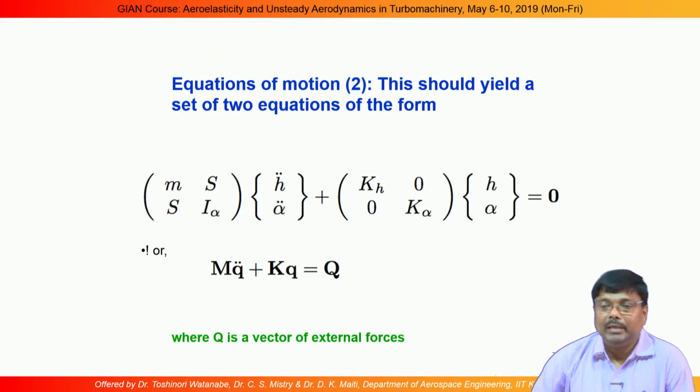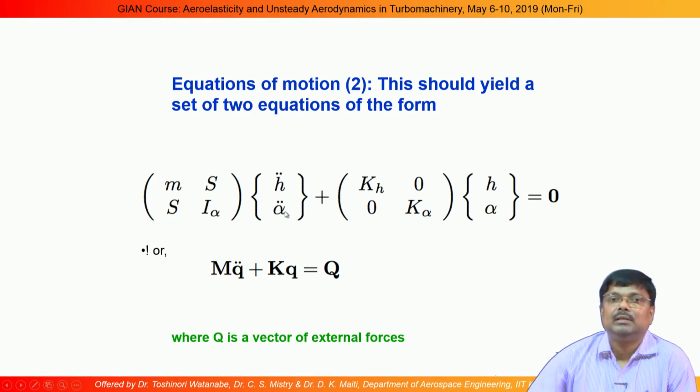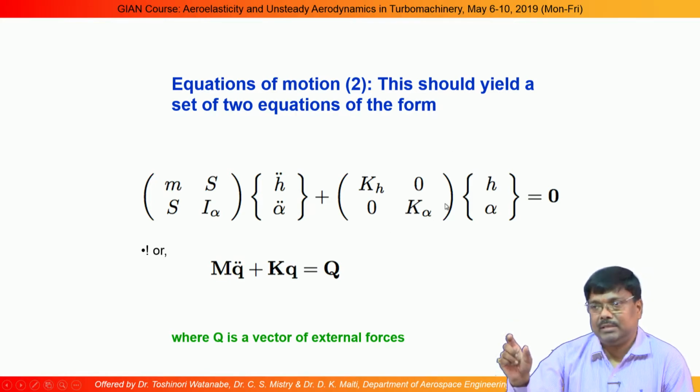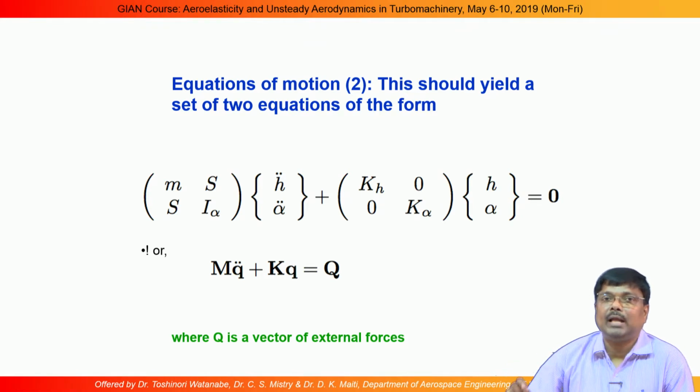So, finally, if I apply that equation, we will get an equilibrium equation like this: m, s, s, I alpha, this is the mass matrix, into h double dot, alpha double dot, acceleration, then we have k h, 0, 0, k alpha. This is the stiffness matrix, into h and alpha. These are the 2 degrees of freedom.